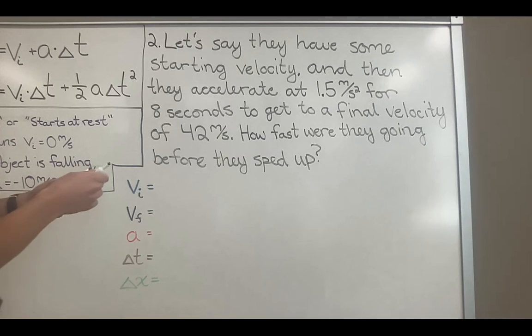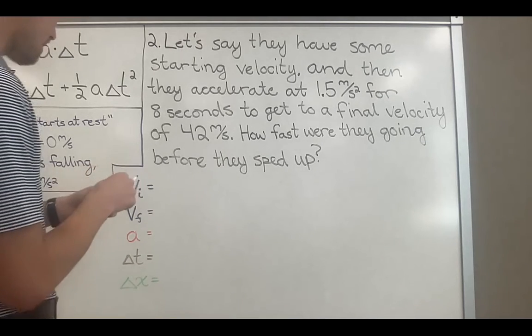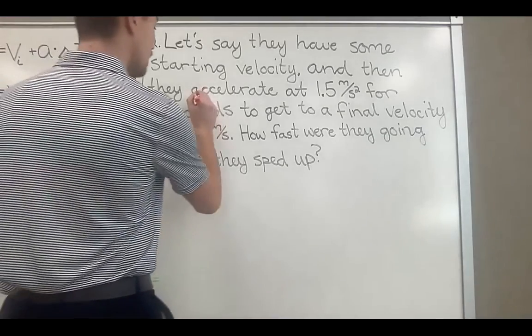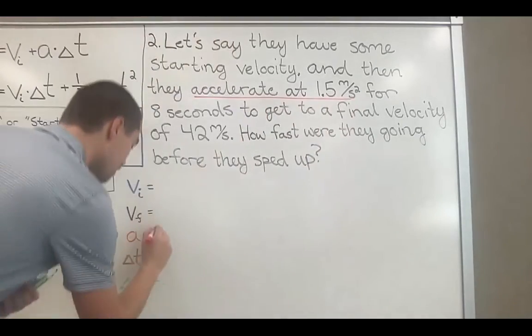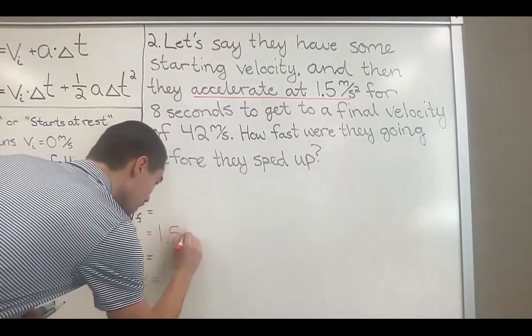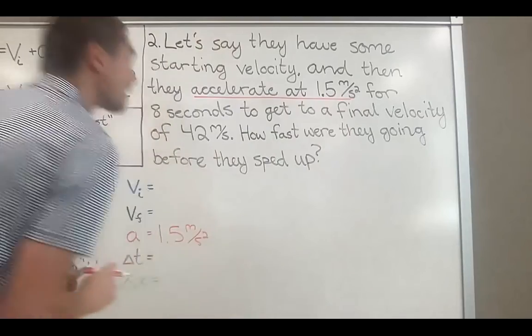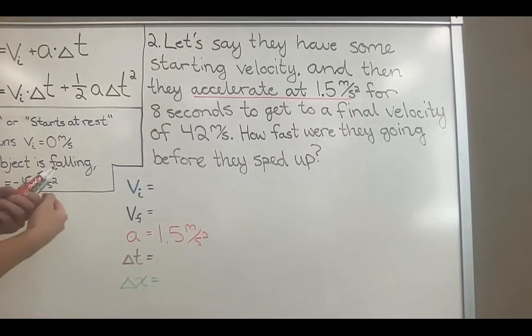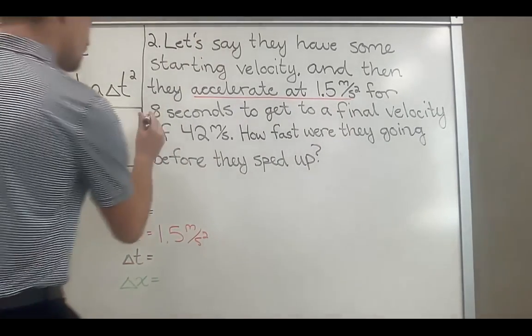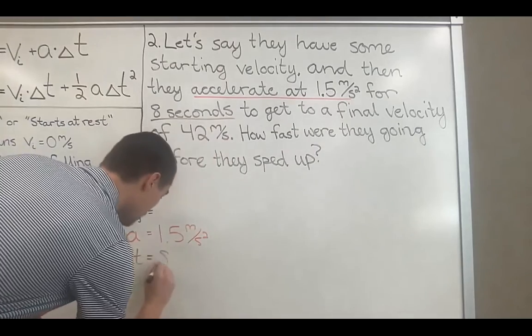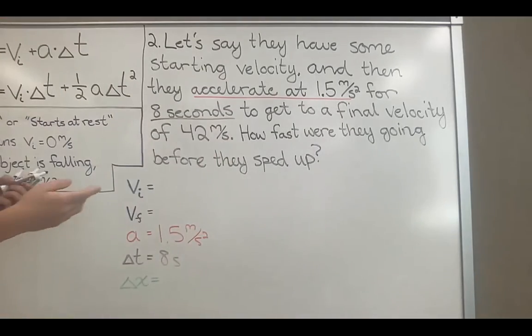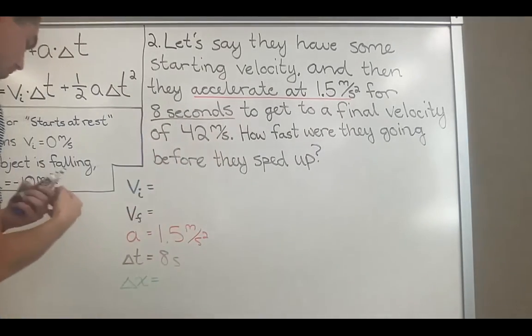So what does this problem give us? Well, it says the acceleration right here is 1.5 meters per second squared. It says that the time is 8 seconds. And it says that our final velocity was 42 meters per second.